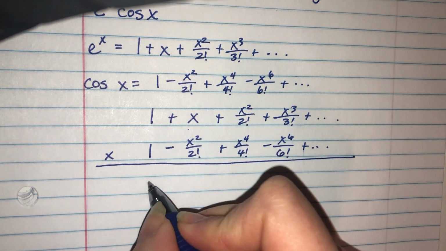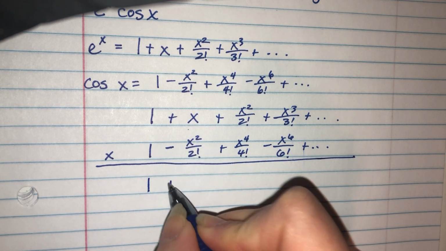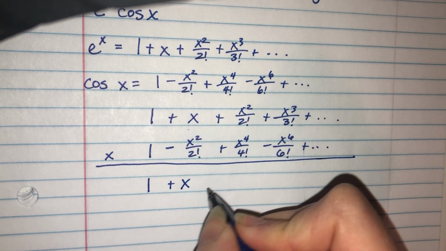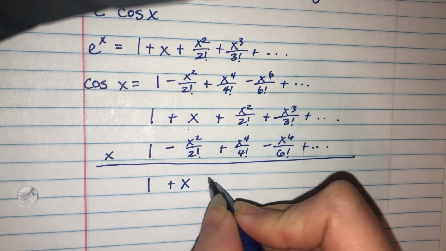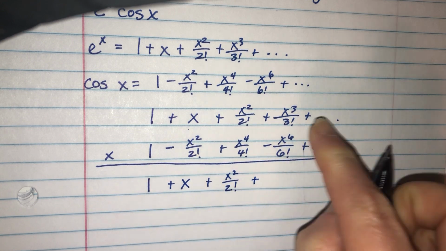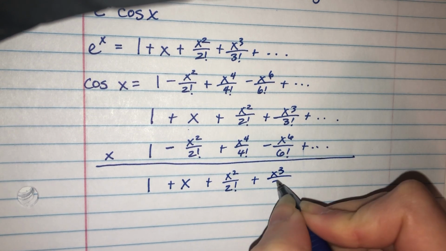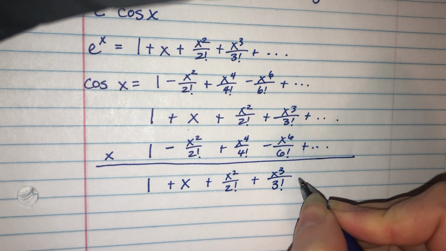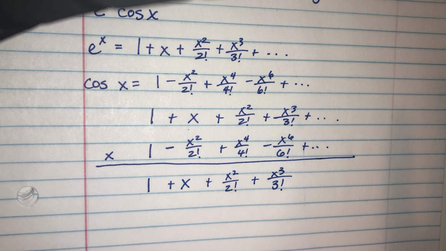So 1 times 1 is 1. 1 times x is plus x. 1 times x squared over 2 factorial is x squared over 2 factorial. Plus 1 times x cubed over 3 factorial is x cubed over 3 factorial. And now, how far out am I going to have to go? Because this could go on forever. You realize we're multiplying infinite values here. It says to do the first four non-zero terms, and sometimes terms will cancel out, so I wouldn't just write out 4.